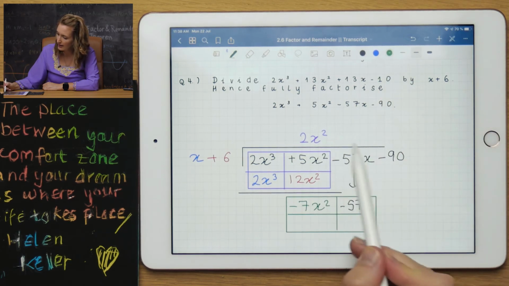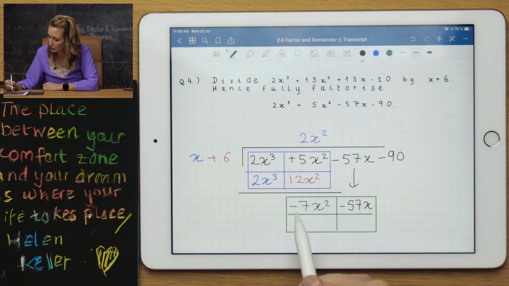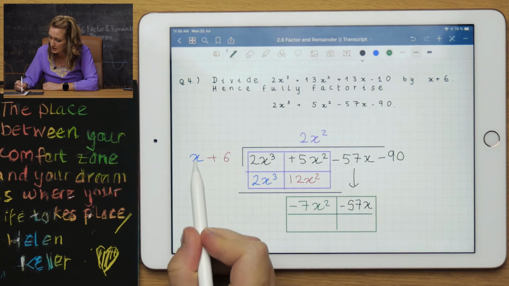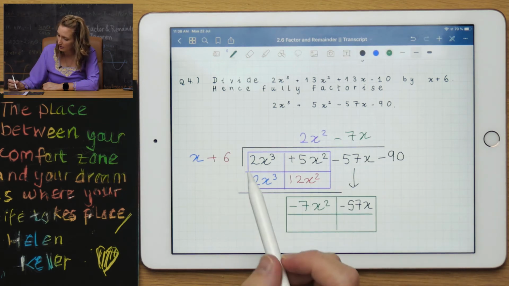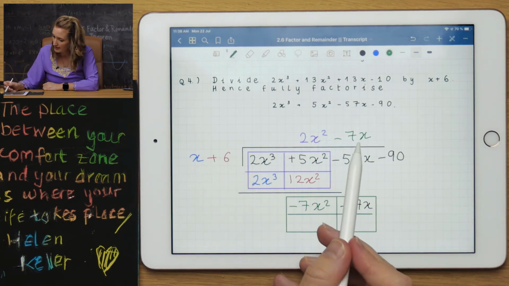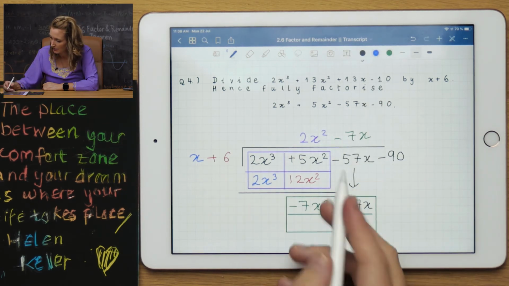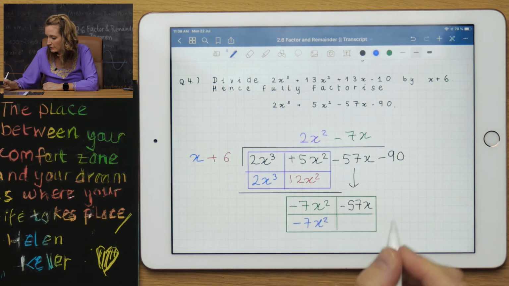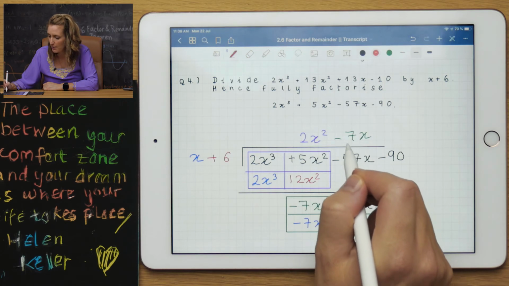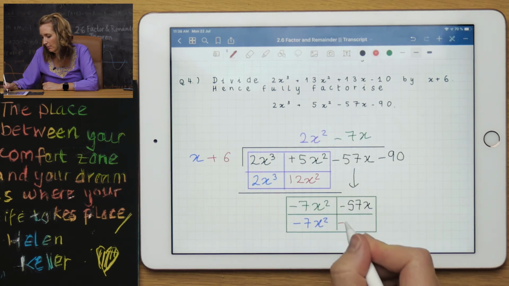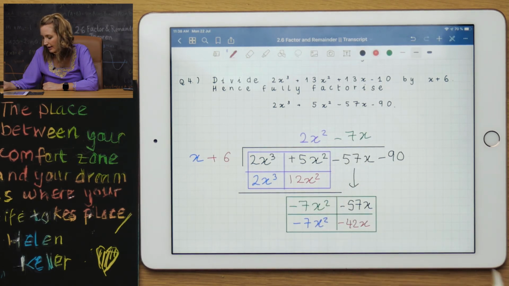To calculate the next term in our quotient up here, we do minus 7x squared divided by x, minus 7x. X times minus 7x, minus 7x squared, and plus 6 times by minus 7x, minus 42x.